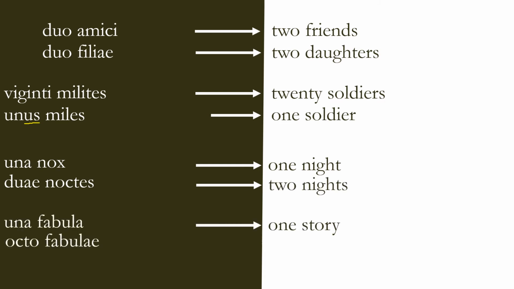Una fabula is one story. Octo fabulae is 8 stories. Una uses the feminine ending. That matches up very nicely. Octo does not change. We're not going to say octae fabulae. And the reason is that after 1, 2, and 3, the numbers are not declinable.